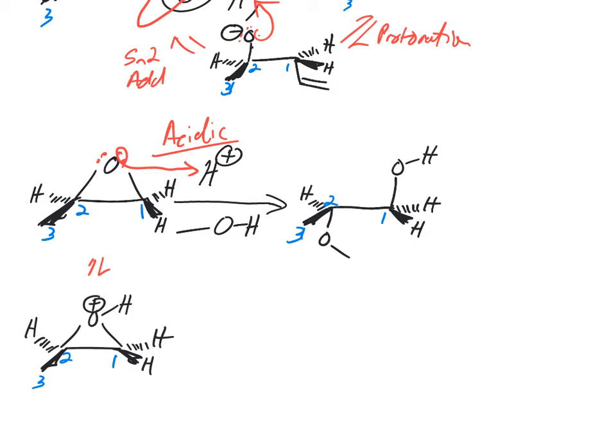In acidic conditions, you think about carbocation rules. In carbocation rules, the more substituted, the more stable. So that's going to be the more delta plus site. So in acidic conditions, and a lot of times it's the solvent that reacts, we're going to go for the more substituted carbon. So that's that SN2 kind of addition step.